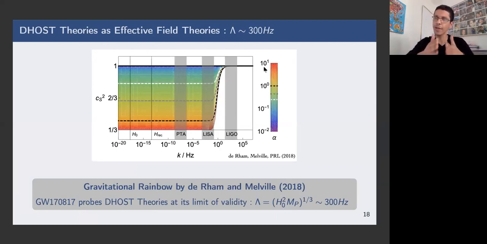So when we look at the gravitational waves from LIGO and Virgo, we are really probing the theory at the frontier, at the limit of the domain of validity. So we have to be careful with the constraint that we use to eliminate the DHOST theories.